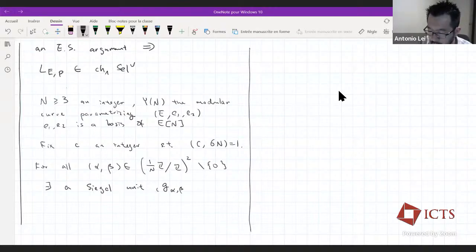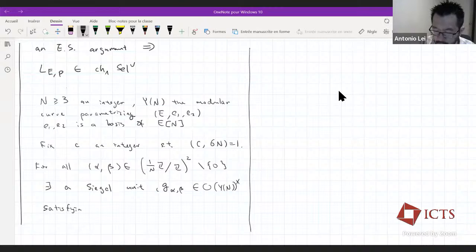We'll denote it by cg_{alpha,beta}. It will be a unit on this curve, and this is why we call it the Siegel unit.